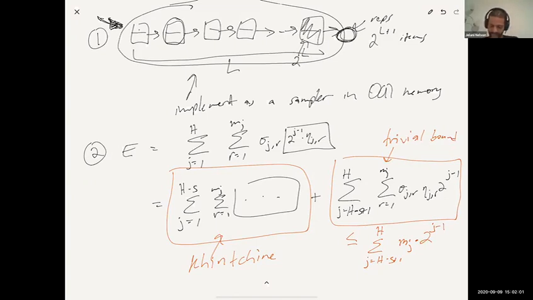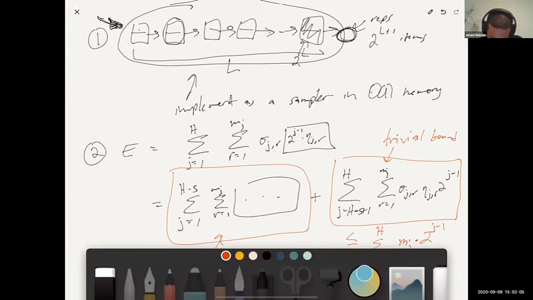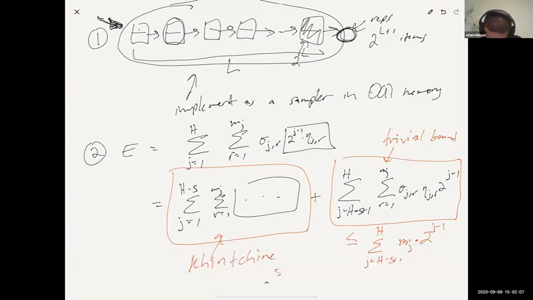Okay. And if you do this and pick the right value of s for the calculation, s being something like log 1 over delta, and you also make the last s compactors have size exactly equal to k.